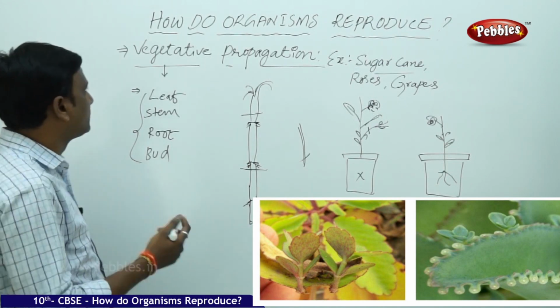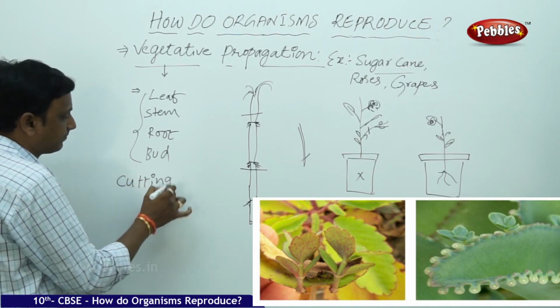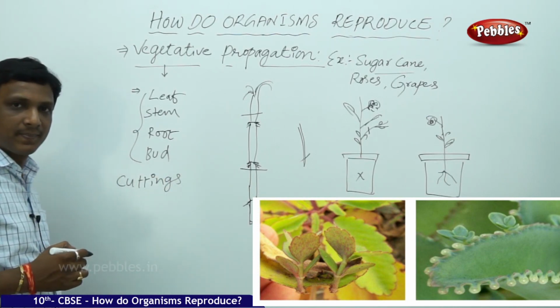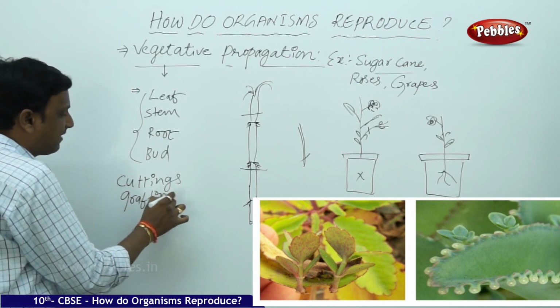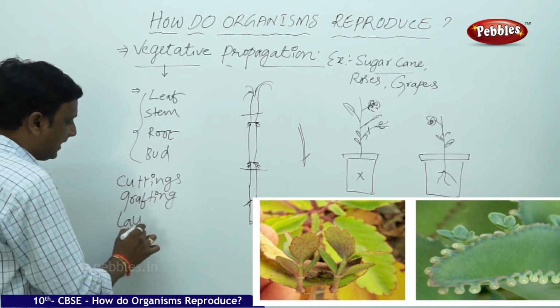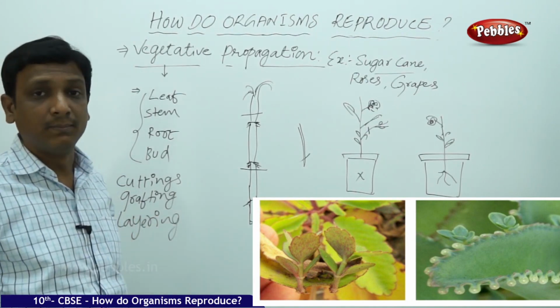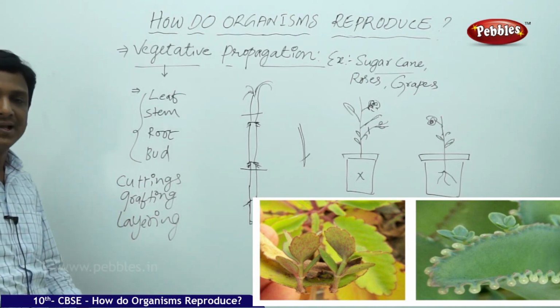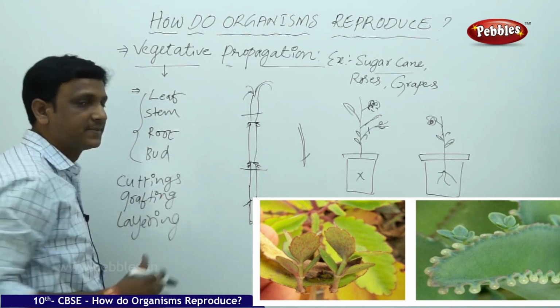So there are different methods of vegetative propagation like cuttings, stem cuttings, grafting, layering. These are the various methods by which we can produce new plants from the vegetative parts of the plants.